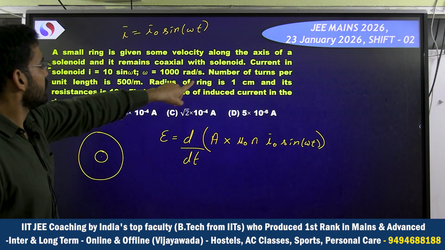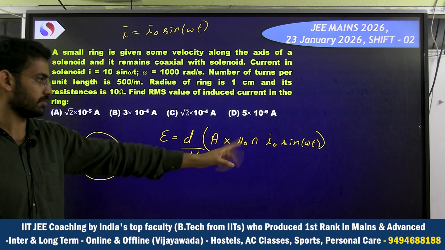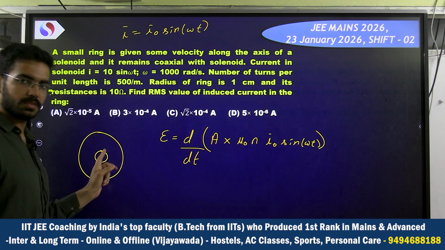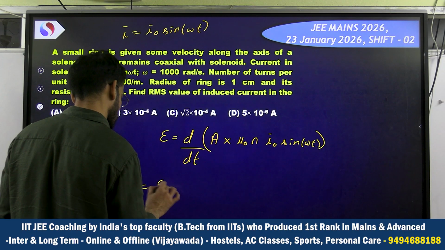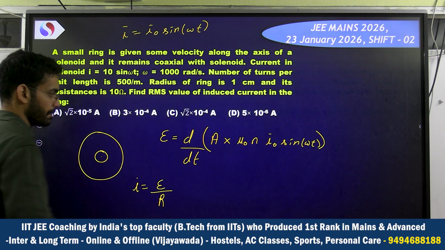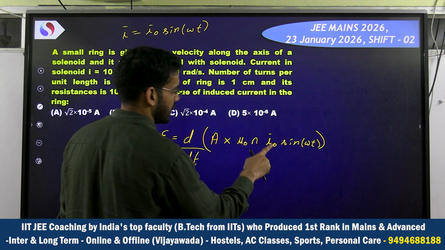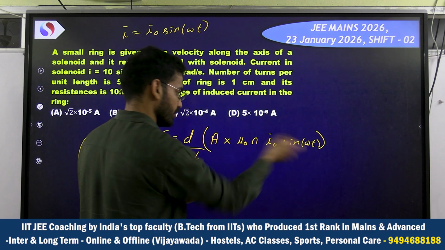So here we have resistance. This loop has EMF generated, that EMF we can calculate from here. And then it has a resistance, right? So EMF generated, resistance it has, so current will come. So that I will be EMF divided by resistance, V equals IR in this loop, right? So the EMF value if we calculate, what will come? Mu naught N I naught A, sin omega t differentiation is cos omega t, and omega will also come.